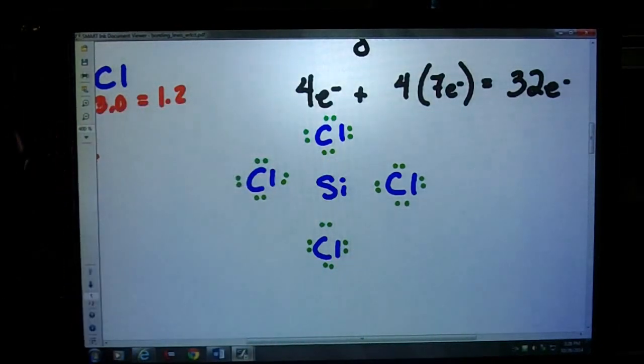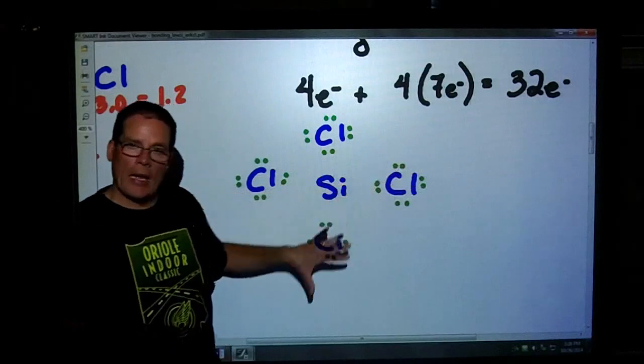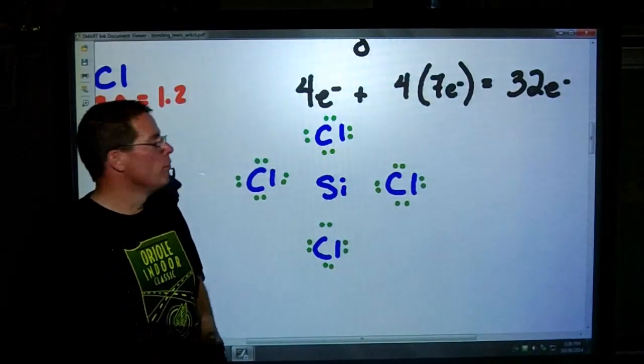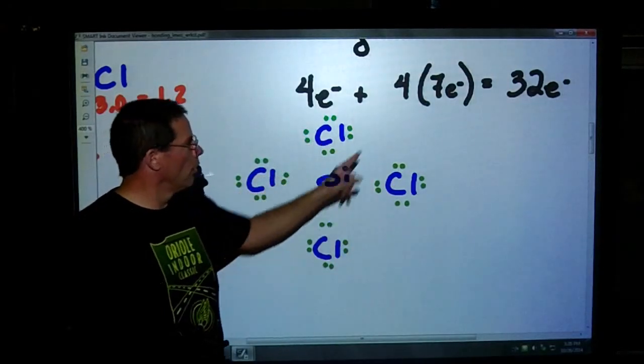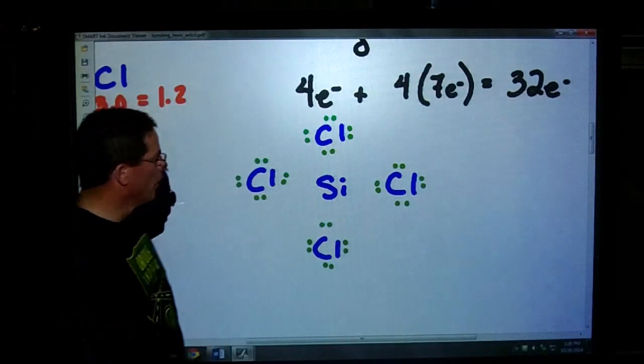So all the chlorines have 8 electrons. How many electrons do we have represented right now? 8 times 4 is 32. We have all of our electrons represented.